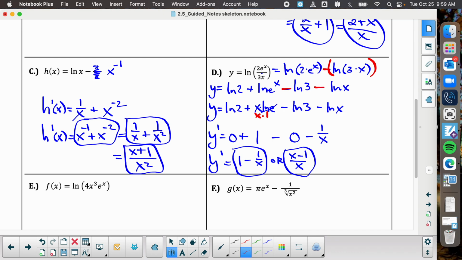Derivatives is not something you ever did before, but you were still supposed to combine the different properties you learned in pre-calc and algebra 2 on natural logs, along with something new that you just learned, which is derivatives. So it's all about using your brain in a logical method.